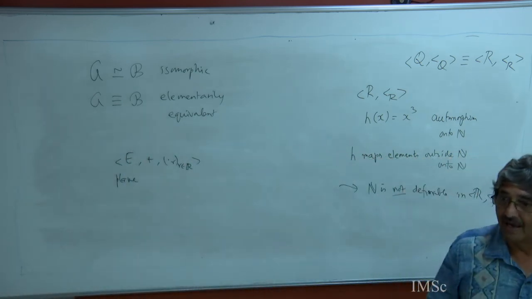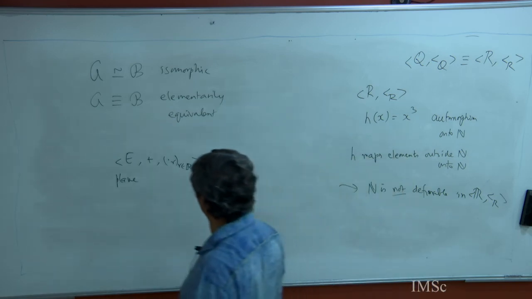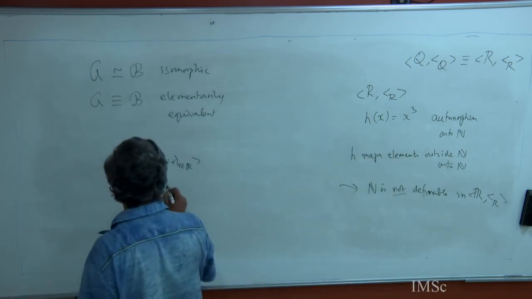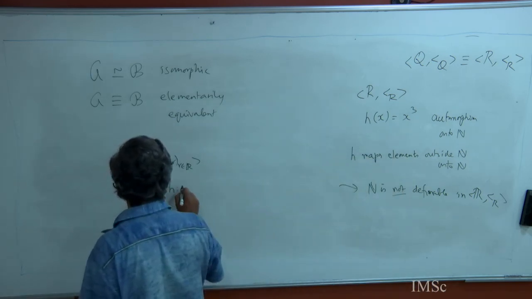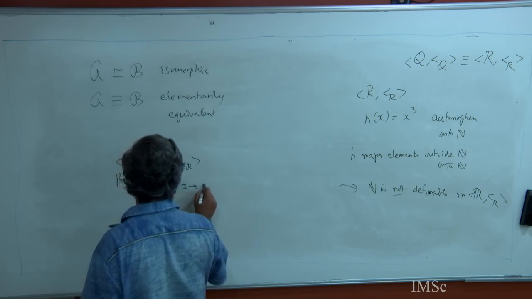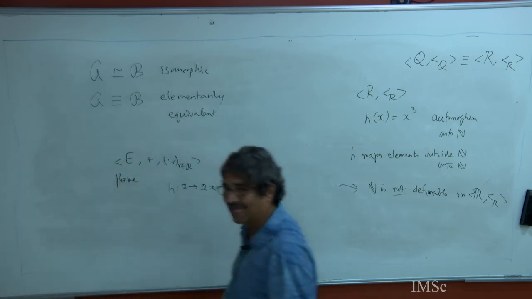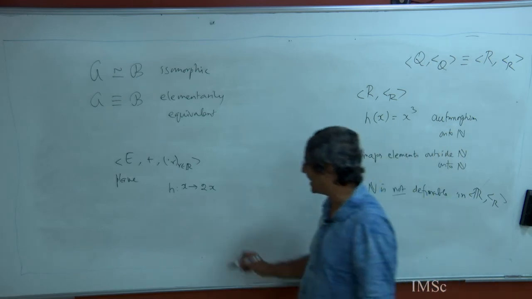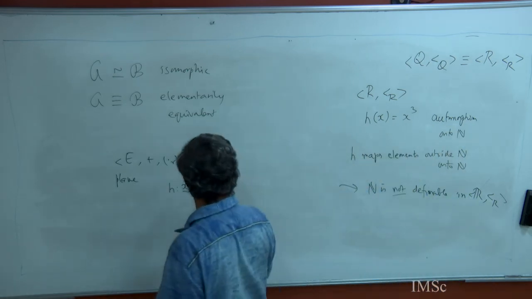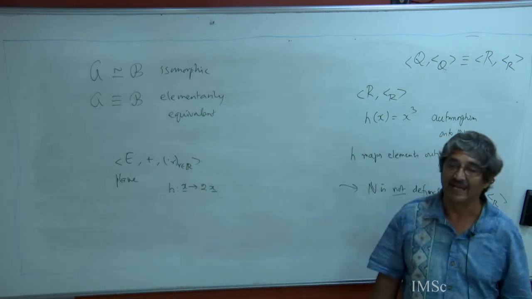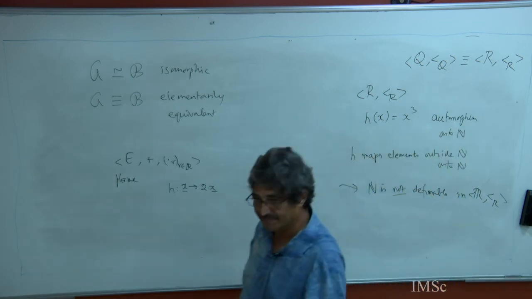Then you can show that everything that maps every vector x to 2 times x, doubling, is an automorphism.